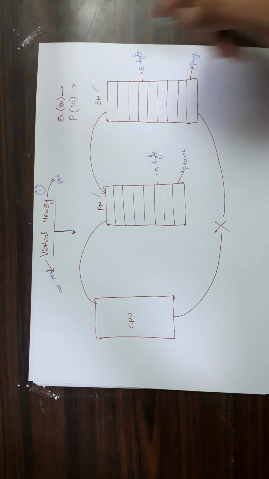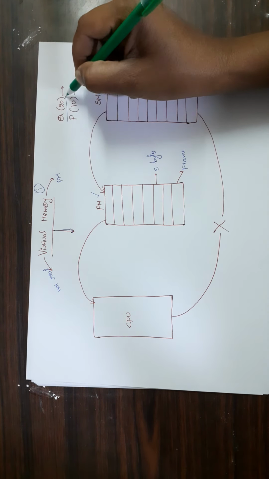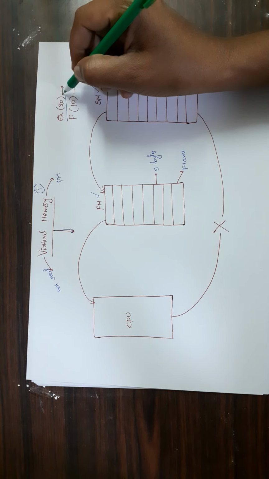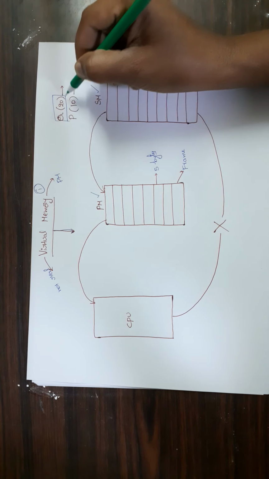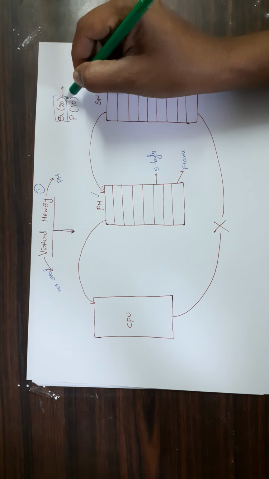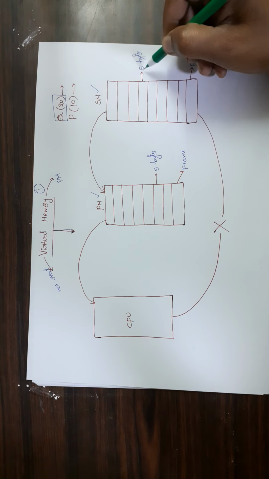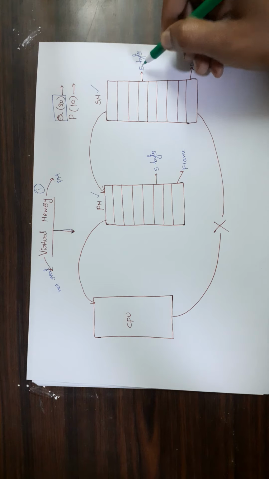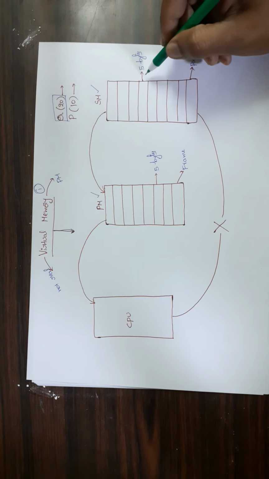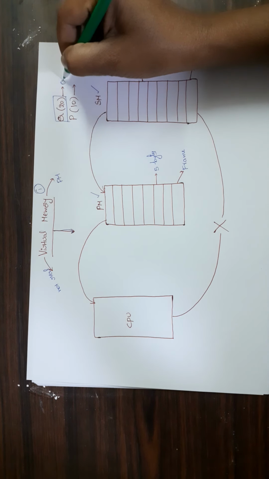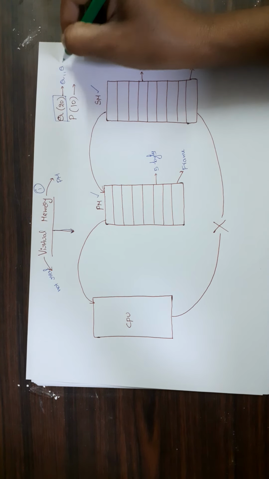Now let us assume that I have a process queue and it requires 20 bytes of memory. It occupies 20 bytes of memory. Now I cannot store this entire process queue into one page because here the size of each page is 5 bytes. So what I'll do is divide the process queue into different parts.